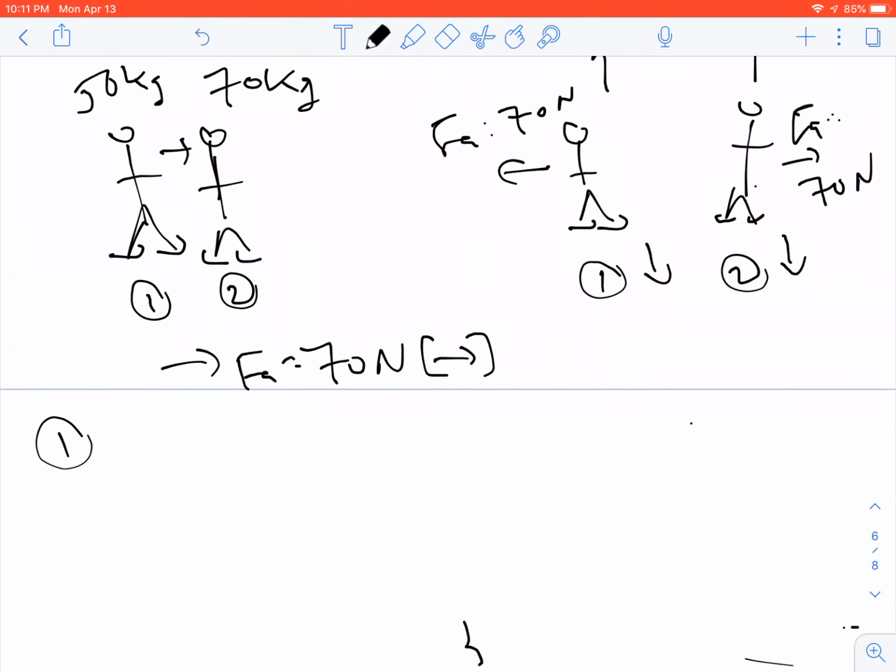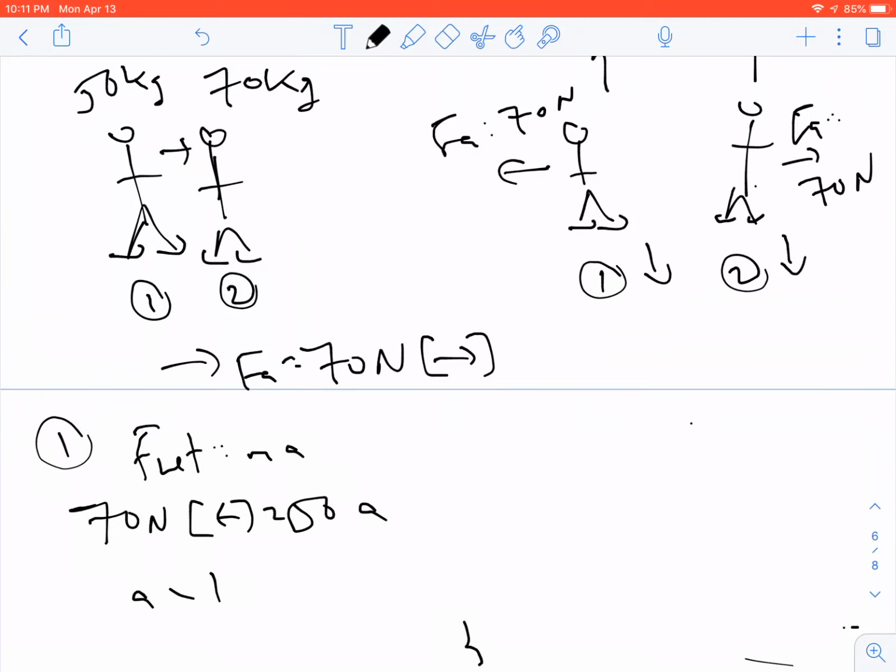So for person number 1, F net equals ma. F net is 70 newtons left. That's equal to the person's mass times their acceleration. The acceleration is going to be 1.4 meters per second squared left. Person number 2 is going to experience an F net equals ma also.